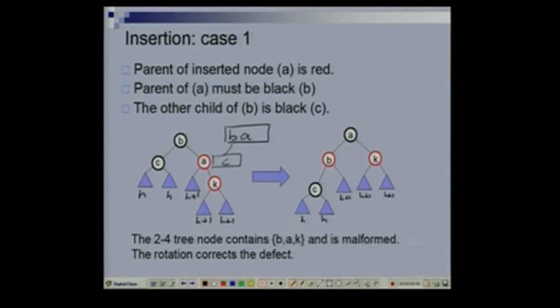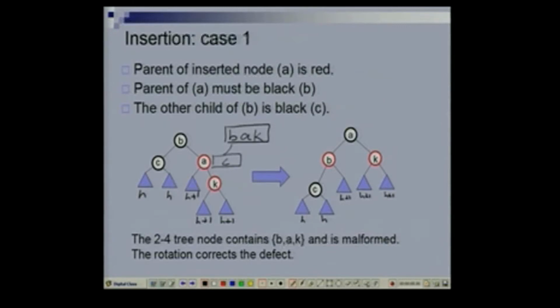Then I am bringing in K, and so K can be accommodated here without any problem. This is what we said, but we are getting a double red problem. Why is that? Well, it is because this is not formed in the right manner. If I had 3 keys in a 2-4 node, then the middle key is the one which is to be set black, while it is not getting done here.